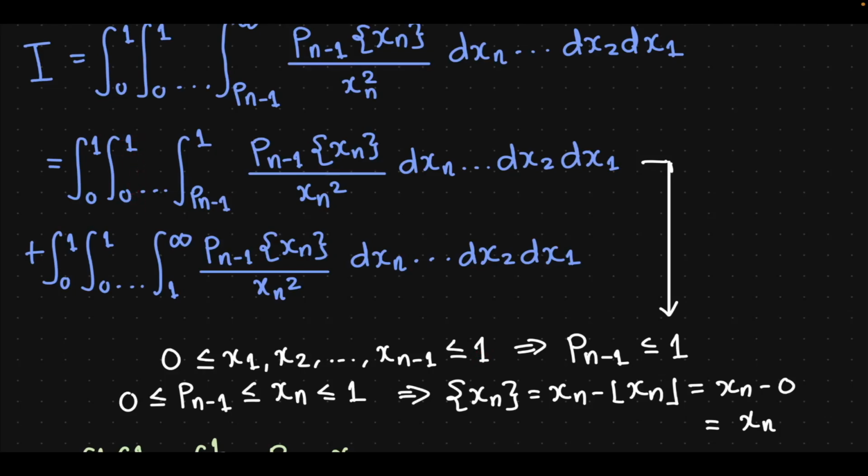That's the obvious thing. Notice that the product of all these guys, Pn minus 1, as we defined above, is going to be less than or equal to 1, because all of these guys are less than or equal to 1. So even the product will be less than or equal to 1.